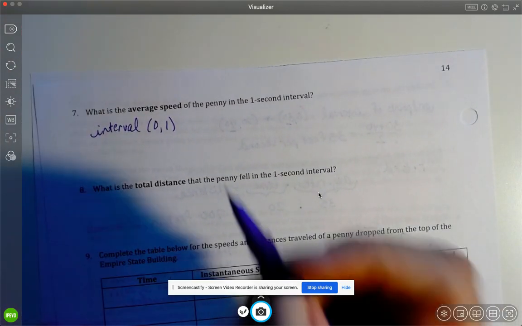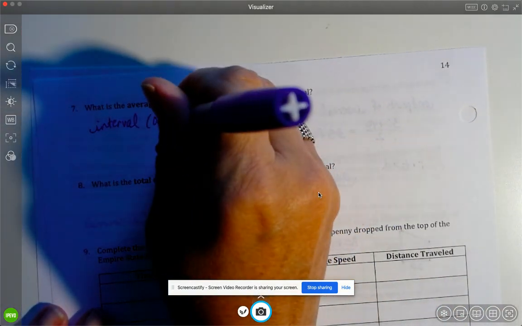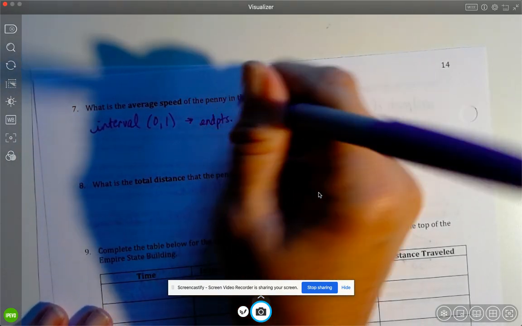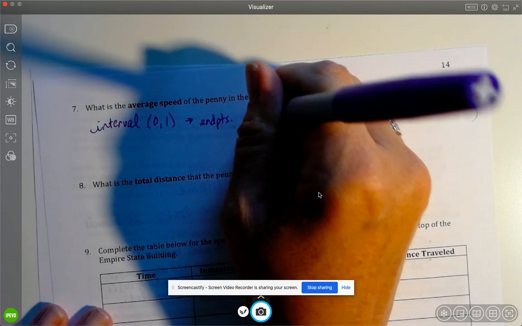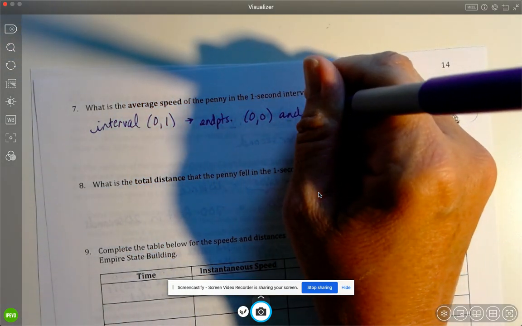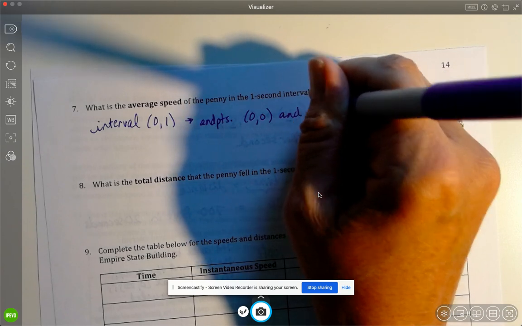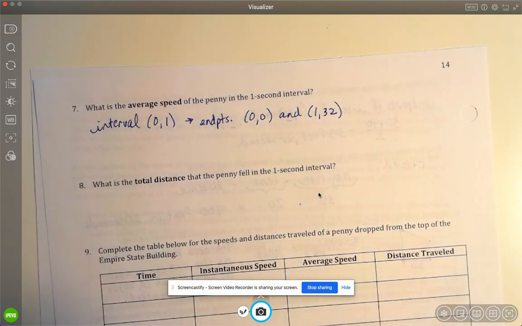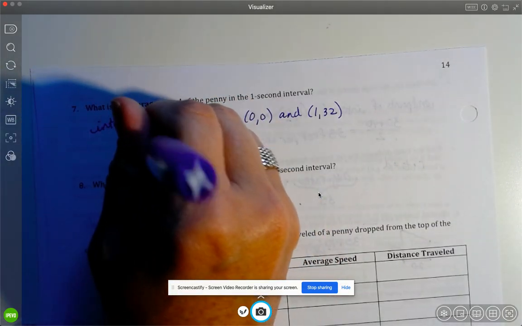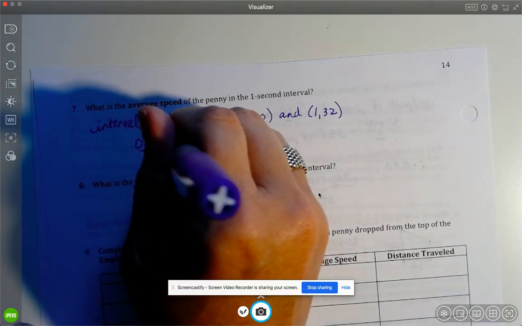So these endpoints are 0, 0, and 1, 32 in that graph that we just graphed. So I'm just going to take the average. 0 plus 32 over 2 equals 16 feet per second.